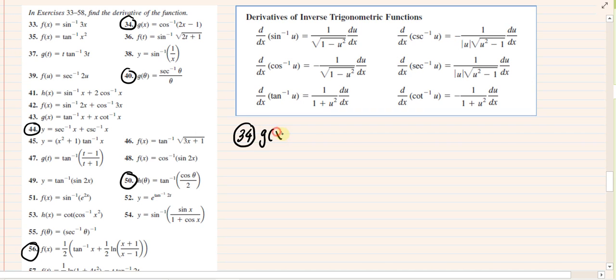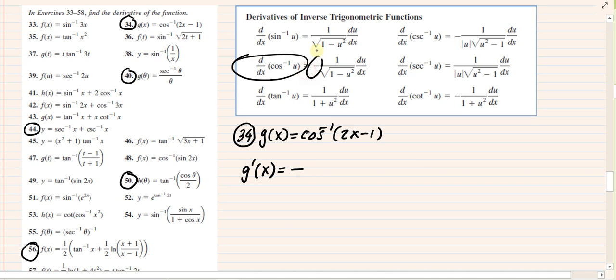In number 34, g of x is cosine inverse of 2x minus 1. So g prime of x, the derivative, we're working with cosine inverse, right? So it's going to be negative. Make sure you catch that negative.